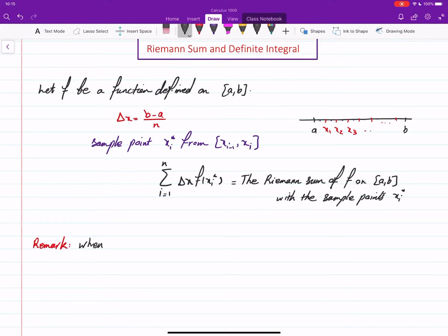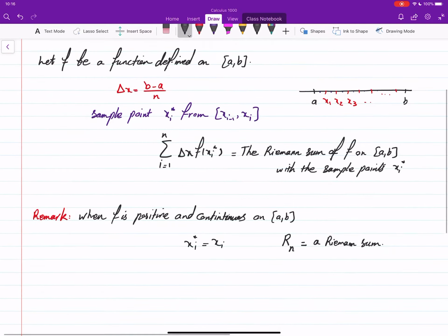And we need to note that when f is positive and continuous on interval a, b, and we choose xi star, the sample point, to be the right end point, then we remember we formed this Rn, and this is actually a Riemann sum for that specific case.